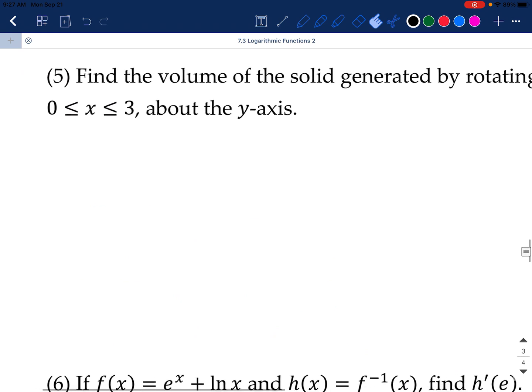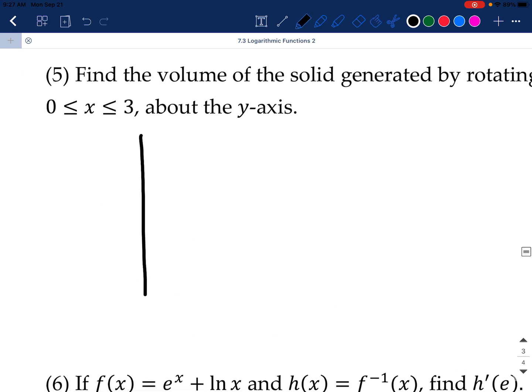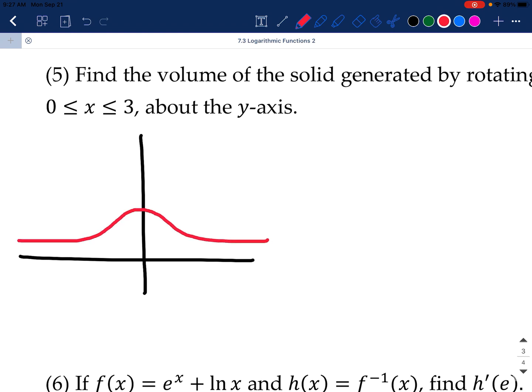So 1 over x squared plus 1 is going to look like this. And we're only interested between 0 and 3. So we're really just looking at this region here. We're rotating about the y-axis.